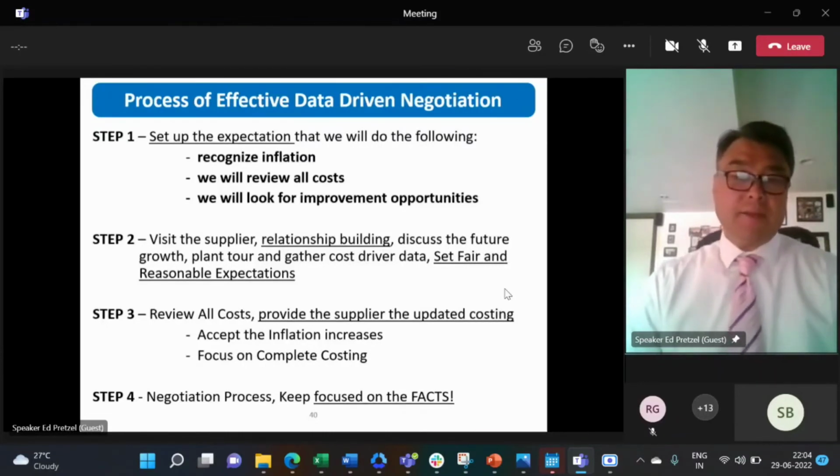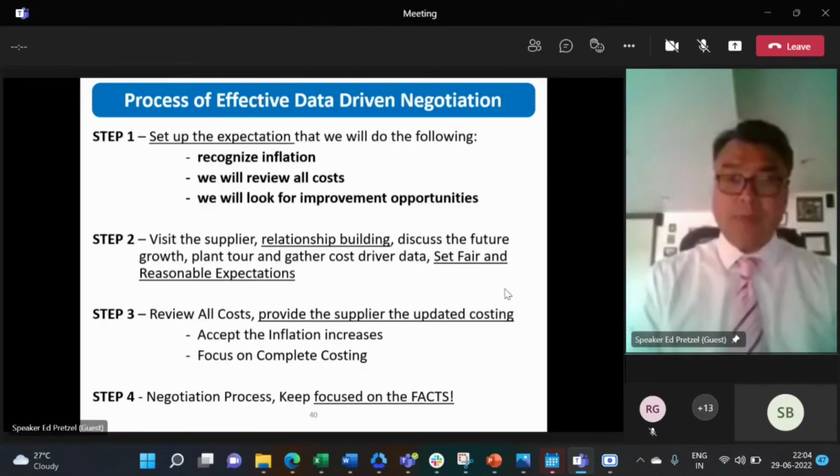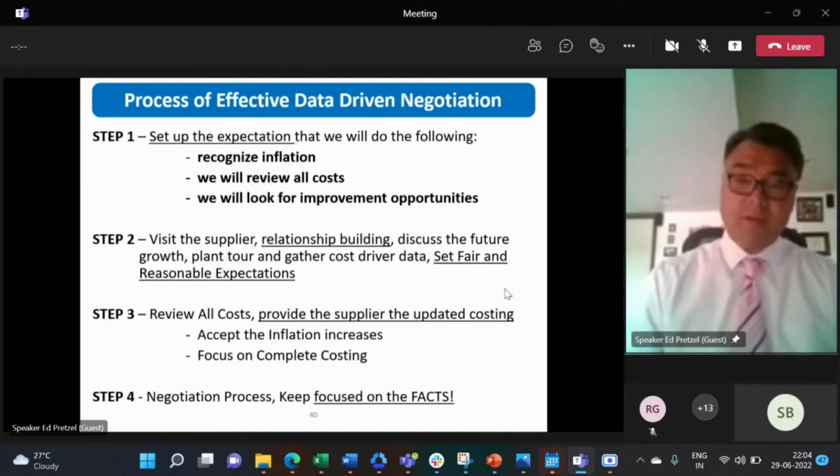What you'll find is as you start to move in this direction, the negotiation process will start to move away from a focus on cost and really on relationship. And so what we have found is you'll need to celebrate the relationship and the good things that the supplier has done for you, but you'll need to push it back onto the facts, the costing facts.